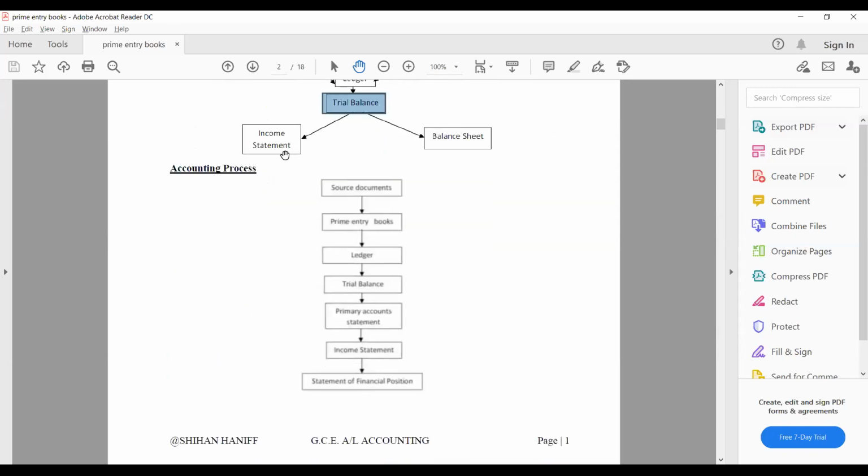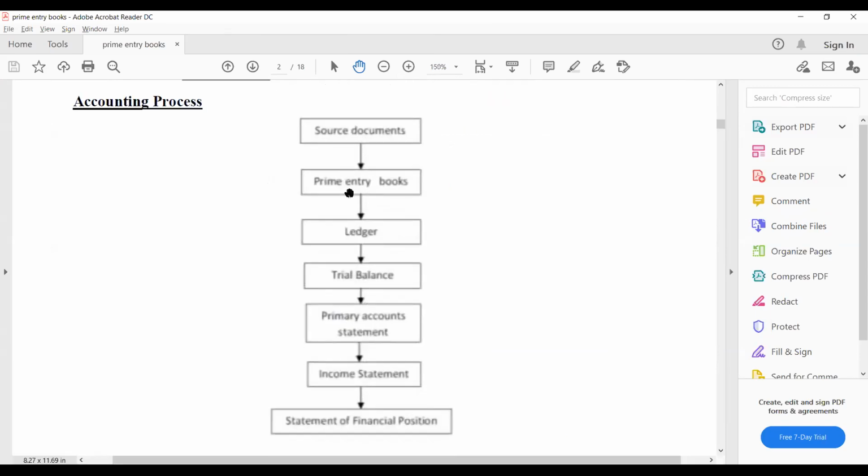Right. So this is the accounting process. We started with source documents, and we did the prime entry books and ledger accounts. We also did the general ledger and the sub ledger. Now we are here preparing the trial balance, income statement, and statement of financial position.